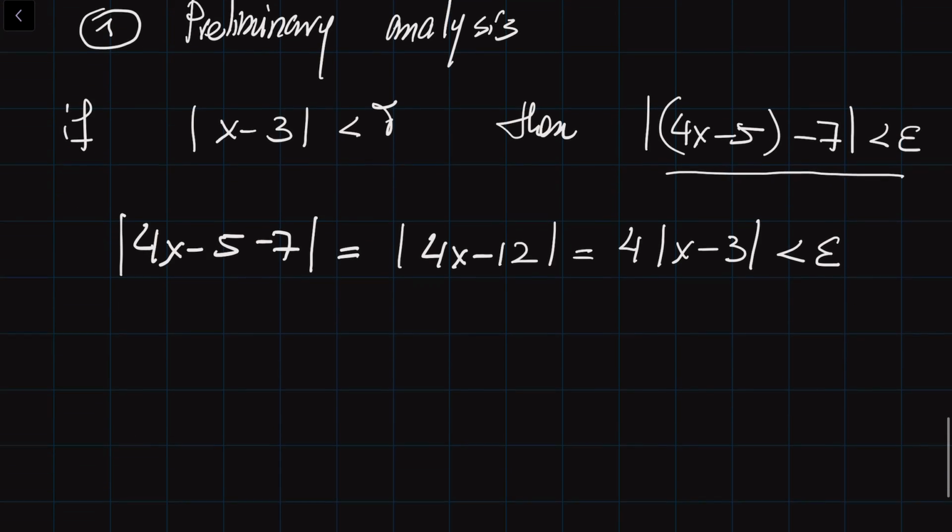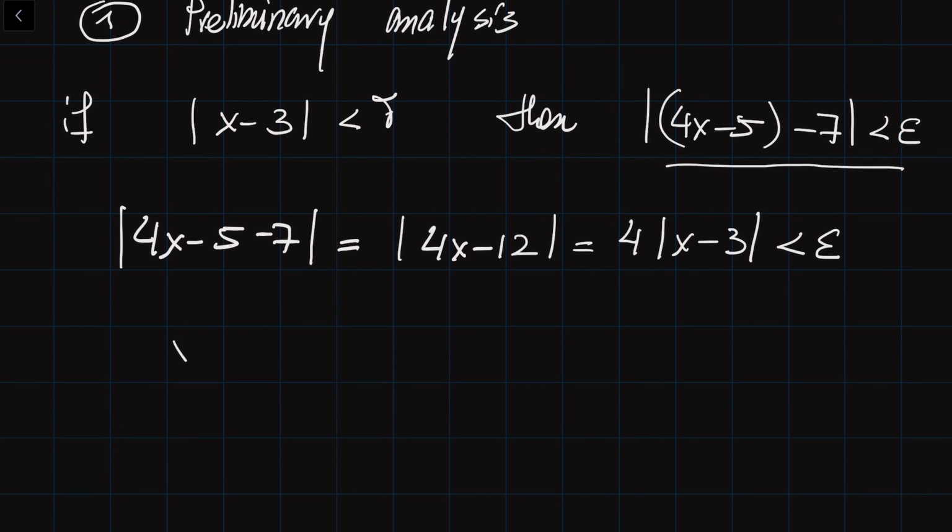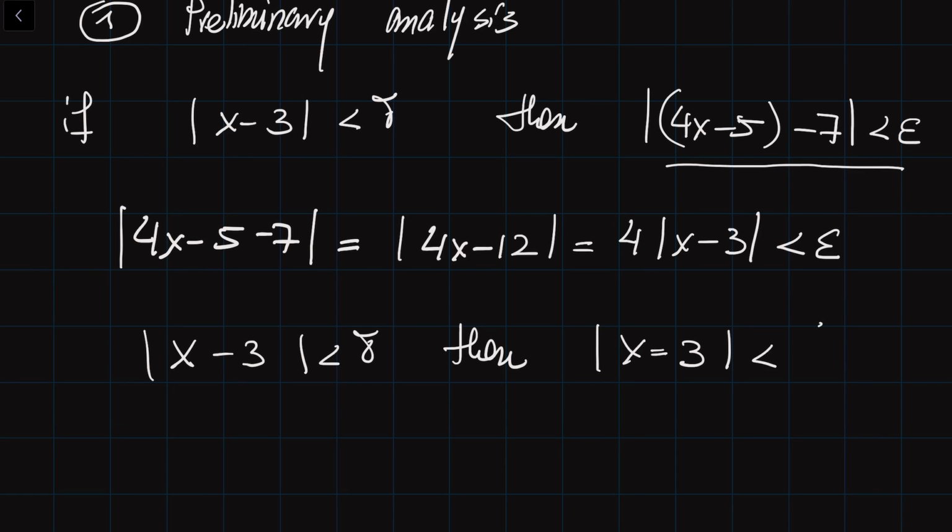Okay, so it is clear that if x minus 3 is smaller than delta, then x minus 3 should be smaller than epsilon over 4, right?